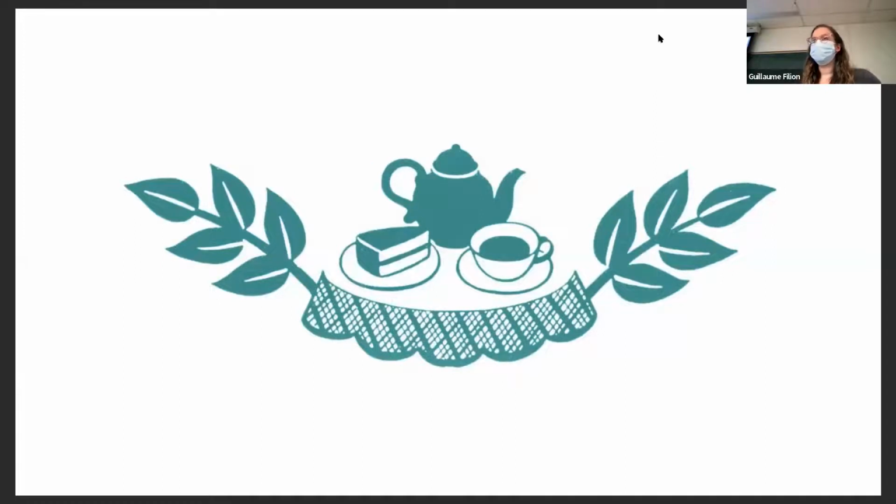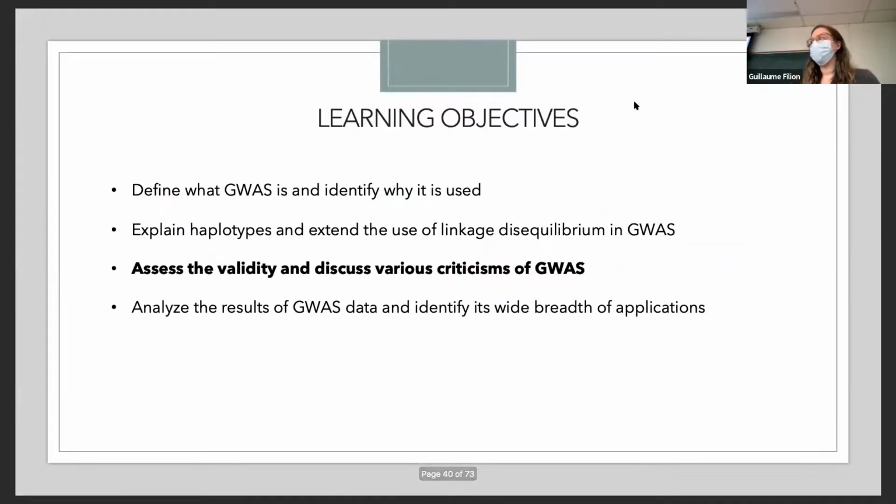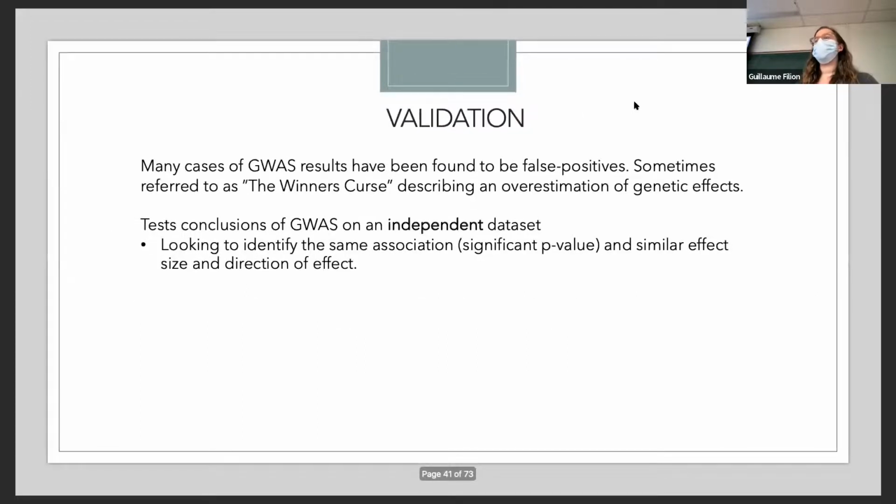Okay, welcome back everyone. Let's continue on with our GWAS lecture. We're moving on to our third learning objective, which is to assess the validity and discuss various criticisms of GWAS. The first key to GWAS is we need to have some sort of validation. When we test across the genome, we often pick up a lot of false positives, and in the early days of GWAS this was sometimes referred to as the winner's curse.